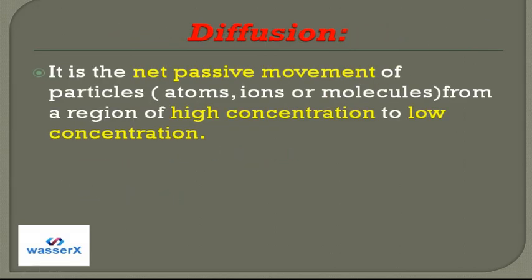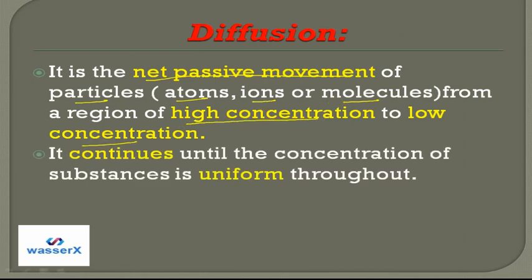Now let's see what is diffusion. If I want to define diffusion, I can say that diffusion is net passive movement of particles. These particles can be atoms, they can be ions or molecules, from a region of high concentration to low concentration. And this movement continues till the concentration of substance is uniform throughout.